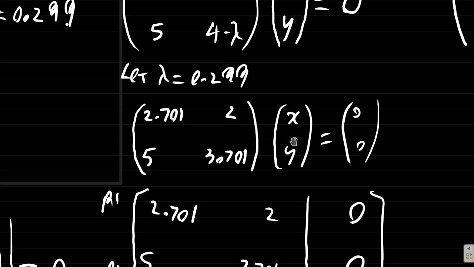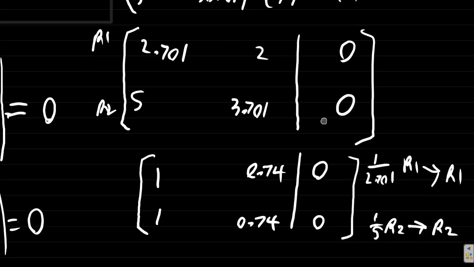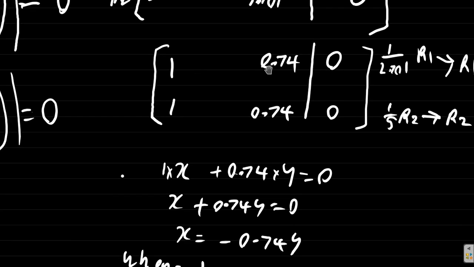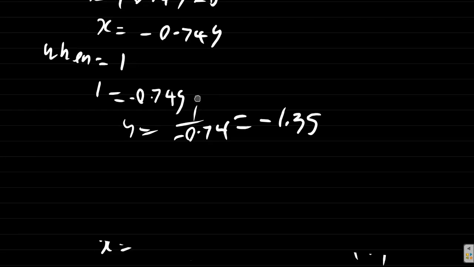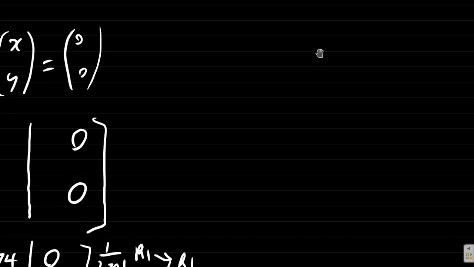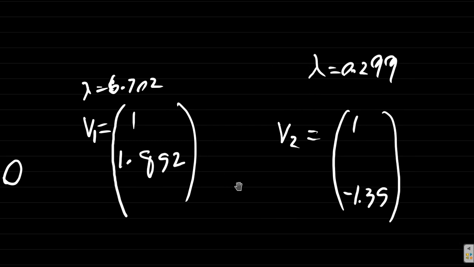I put them here as X, Y, and you use a matrix elimination method to find out what those values are. And there's no specific value for X and Y, right? You put in one value, let X equal 1, and you find Y. You could have also done Y equal 1 and find X. Alright? So that's an eigenvector. You have your eigenvalue and the eigenvector that corresponds with it.